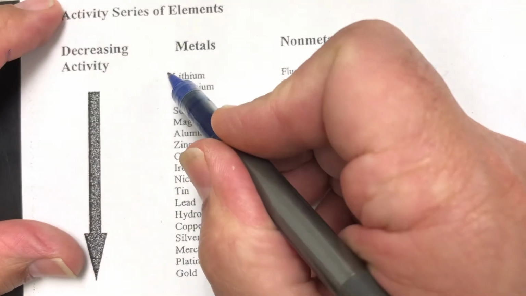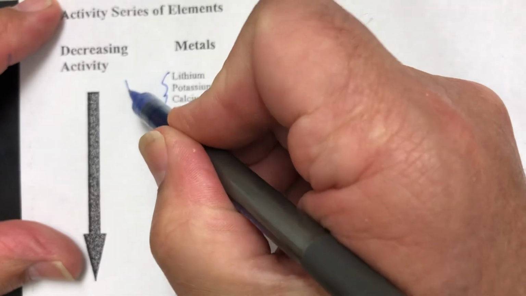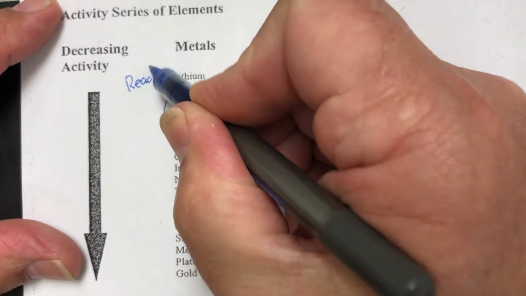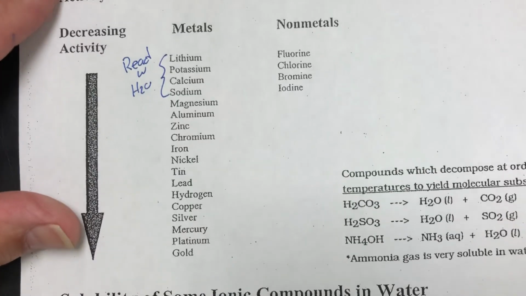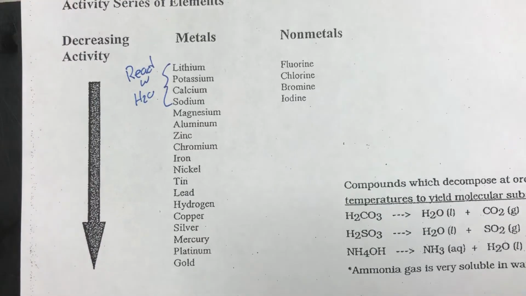They are so reactive that they will react with water. All right? The metals down at the bottom, gold, silver, mercury, are very non-reactive and don't like to be in compounds. So I'm going to flip back and forth here.